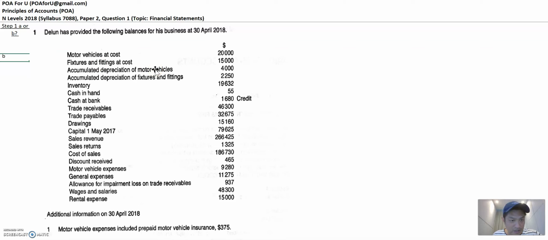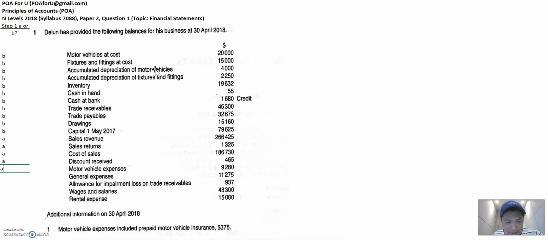Motor vehicles are assets, so it goes to B. Fixtures and fittings and accumulated depreciation are asset related. Inventories, asset, all these are assets. And then trade payables is a liability. Drawings are equity related. Capital is equity. And sales is a revenue. Cost of sales is an expense, the direct expense of the goods that you sell.